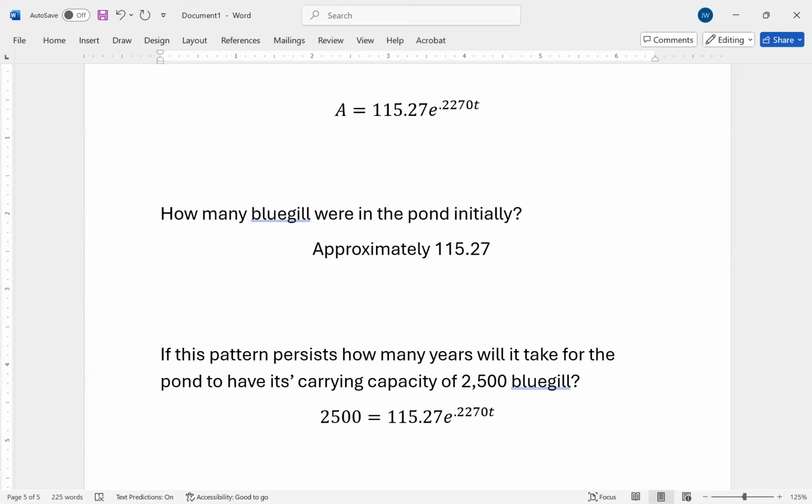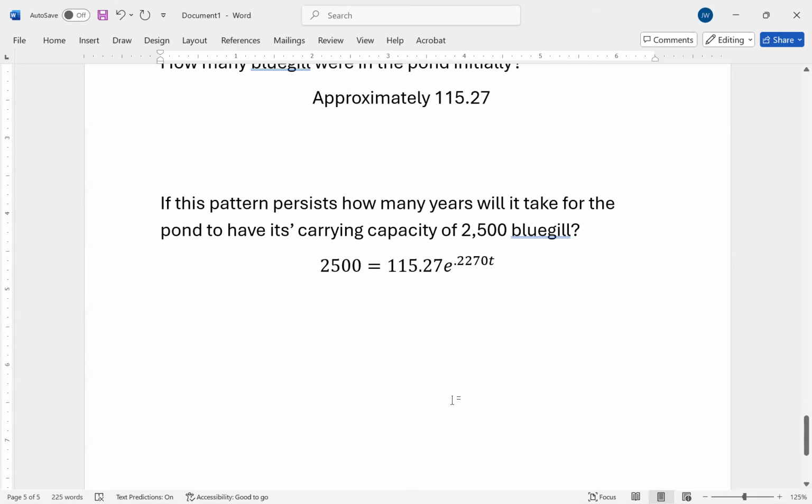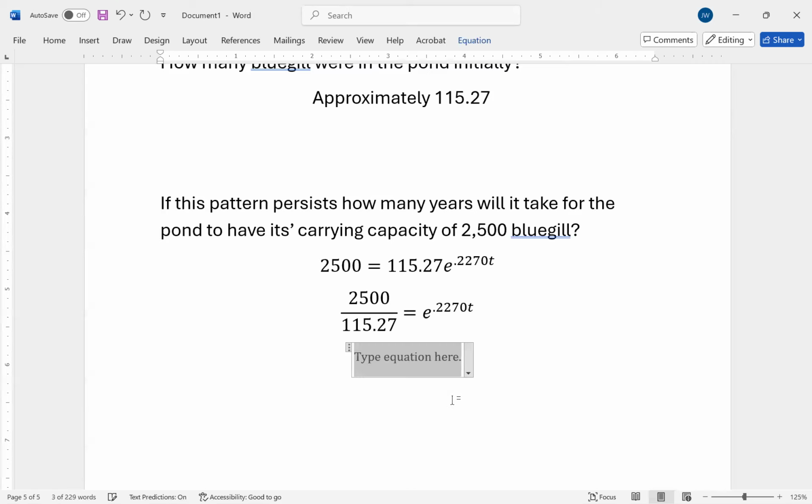So we're just solving this equation for T. And we do that just like we always do. Take 2,500, divide by 115.27, set that equal to e to that power. Take a natural log of both sides.